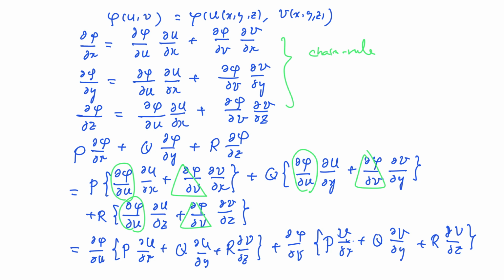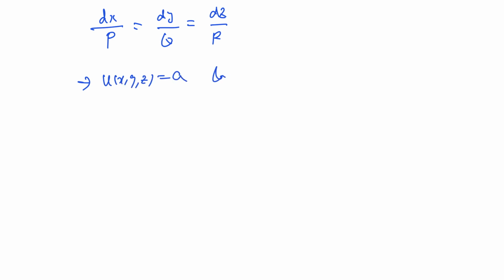And according to the statement, we have dx over P, Q over dy, R over dz, and we have u(x, y, z) is a, and v(x, y, z) is equal to b, right? So that is u(x, y, z) is a constant, right?